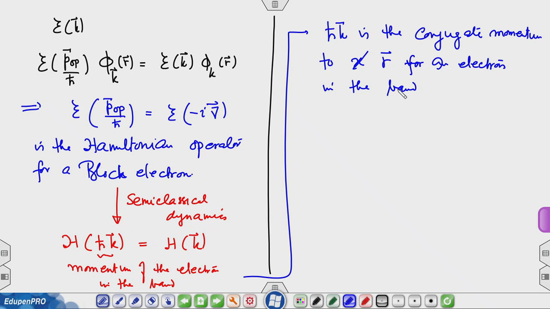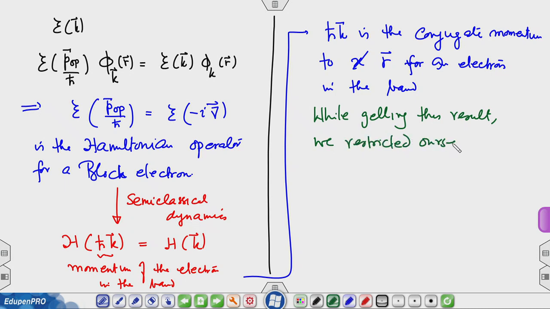Point number 2, while getting this result, we restricted ourselves to one band, because all the summations and everything were over one band. So, we are working within a band. So, these two things are very clear.